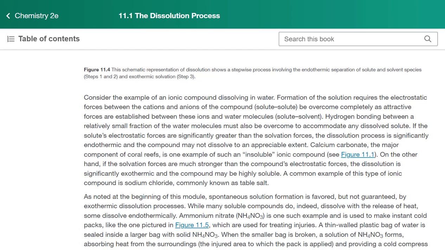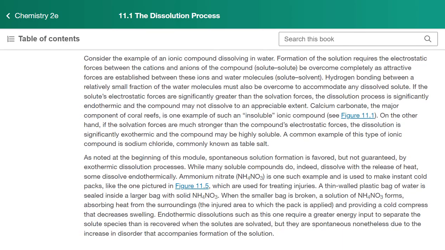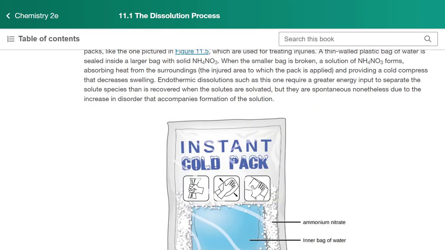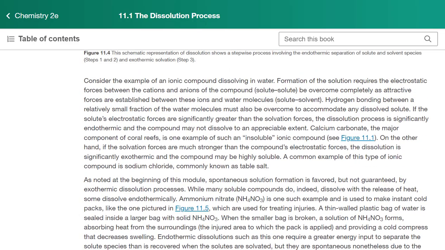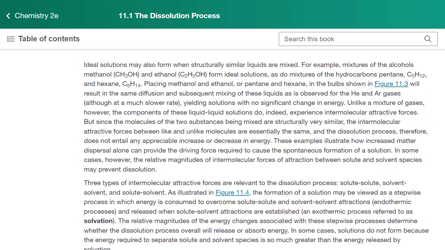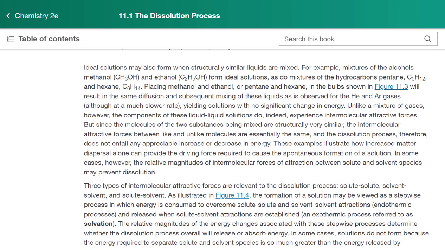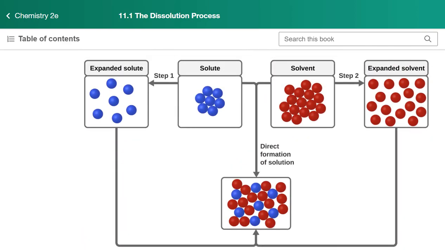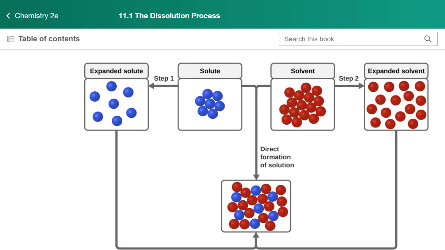So there's a discussion here about some of those ideas. Most textbooks talk about it somewhere in here. But the rule of thumb we have for this process is like dissolves like. The idea here being the like is similar in terms of intermolecular forces.